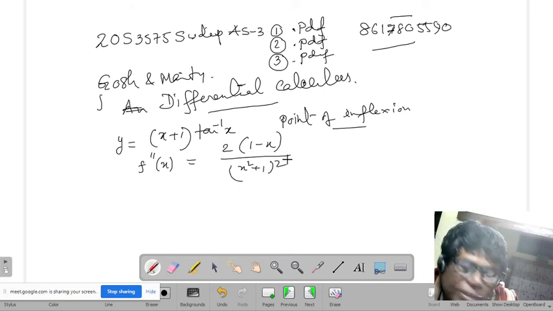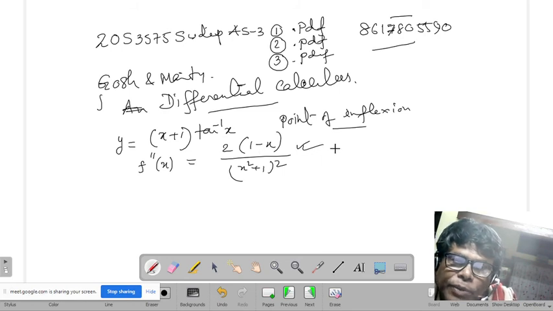Did it come like this? If it is not like this, then it is wrong. Check it. If you put this equal to 0, x is equal to 1. So there will be one second order critical point.